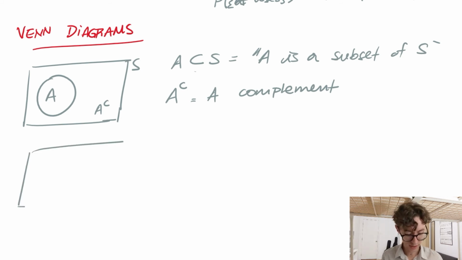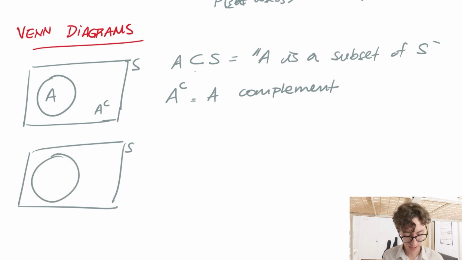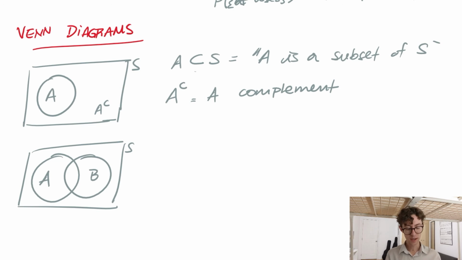Okay. Let's say now that I had the event A and B, and that A and B had an intersect. So here's our sample space S, and I have the event A and I have the event B, and A and B intersect at this point here. How will we call this location where A and B intersect?